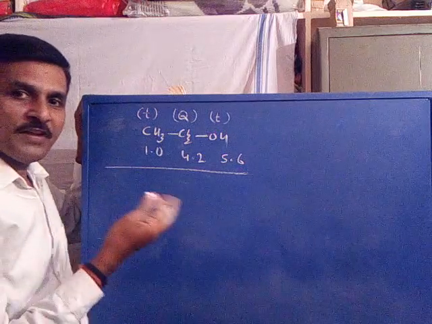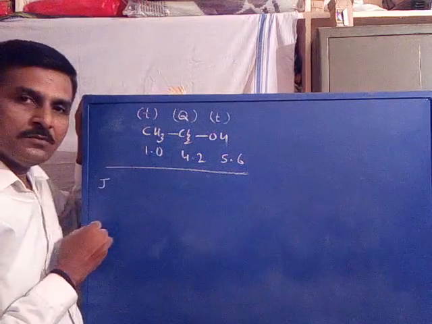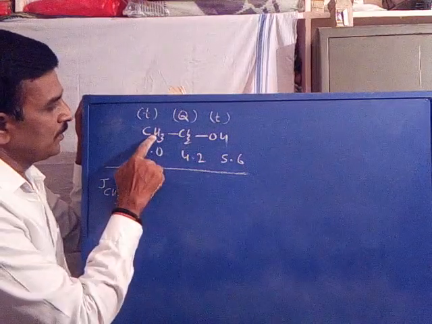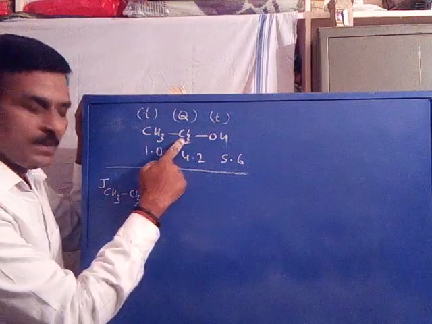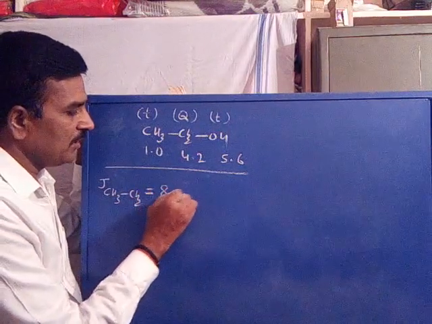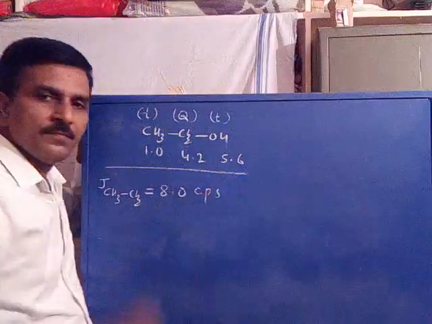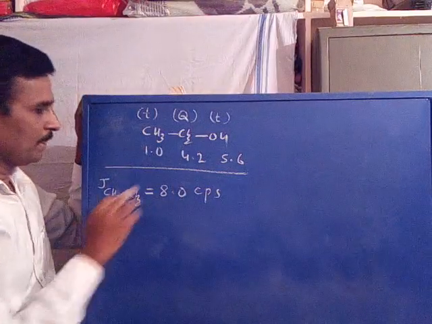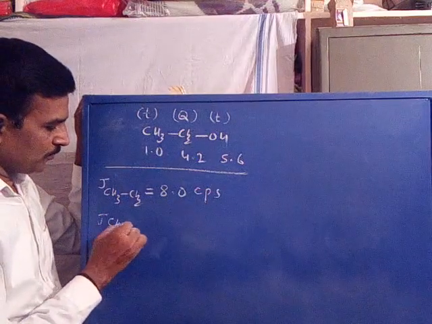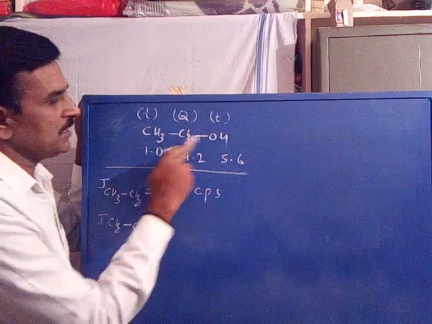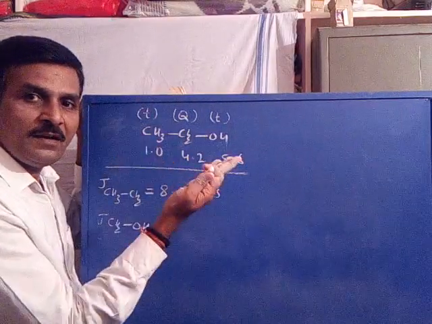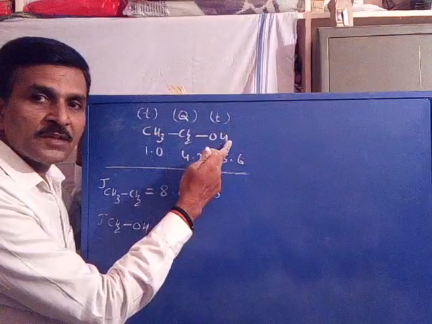Now coming to the J value. The J value for coupling between CH3 and CH2 protons, J CH3CH2, is equal to 8.0 CPS. Similarly, the J value for the CH2 proton coupled with OH, CH2OH coupling. So CH3CH2 coupling is different from CH2OH coupling.